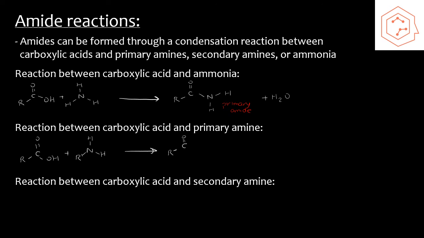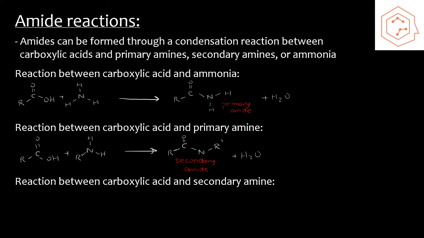which I'm going to draw out very quickly for us. So we see here now that we also have that alkyl group bonded to the nitrogen. And again, this reaction would form water. It is a condensation reaction.